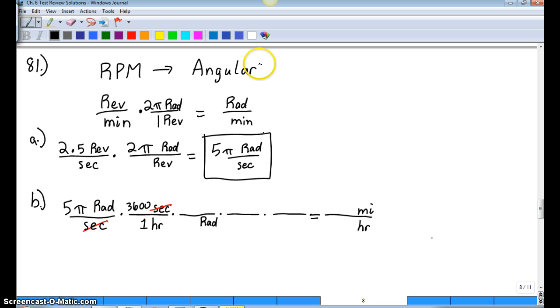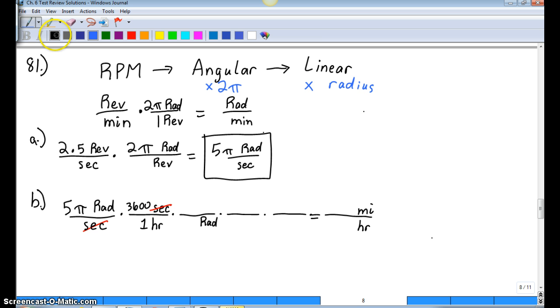Well, in general, when you go from angular to linear, let me put a little note here. This is times 2 pi. From angular to linear, you just multiply angular by your radius.